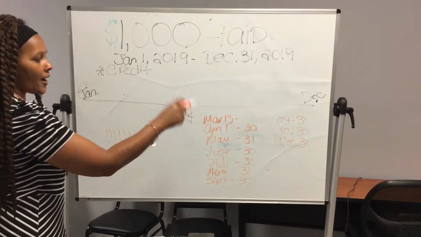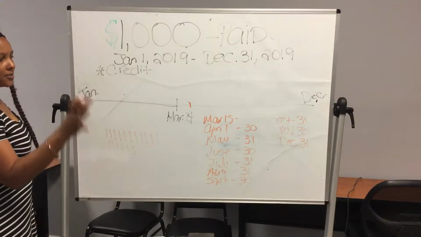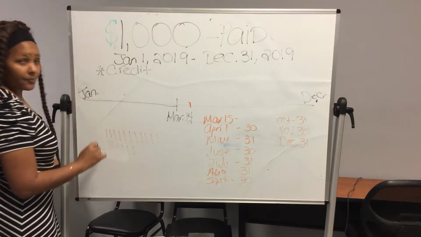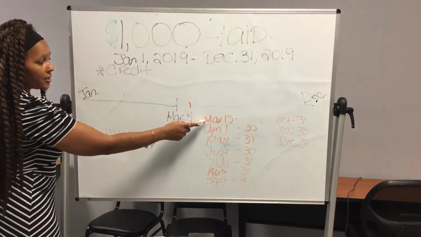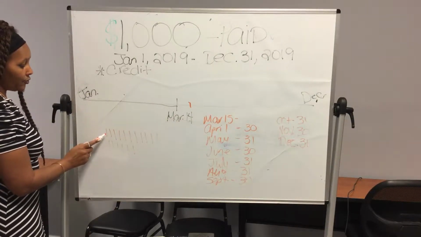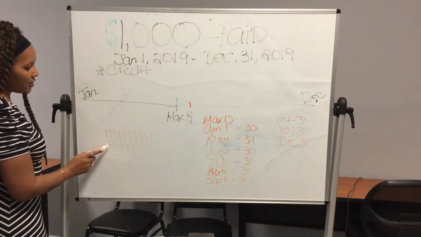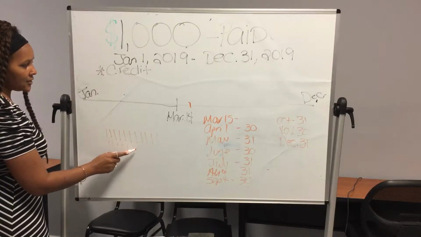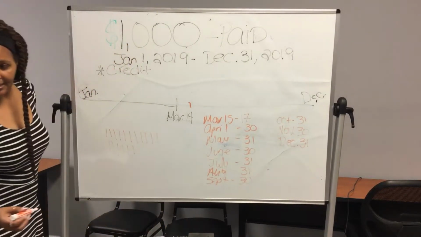If you try to subtract, take 31 from 15, you may be a day off on some of the prorations. So trust me, use your tick marks. So in March, they are entitled to 1, 2, 3, 4, 5, 6, 7, 8, 9, 10, 11, 12, 13, 14, 15, 16, 17. So they are entitled to 17 days in March.